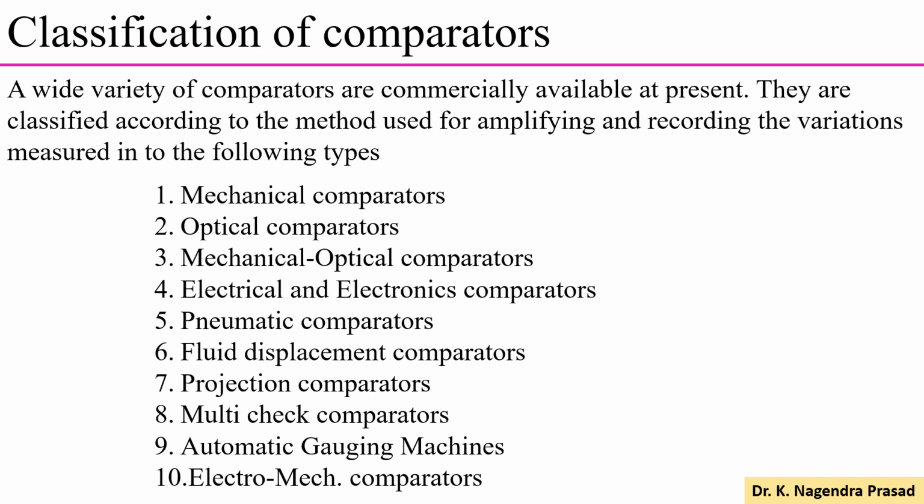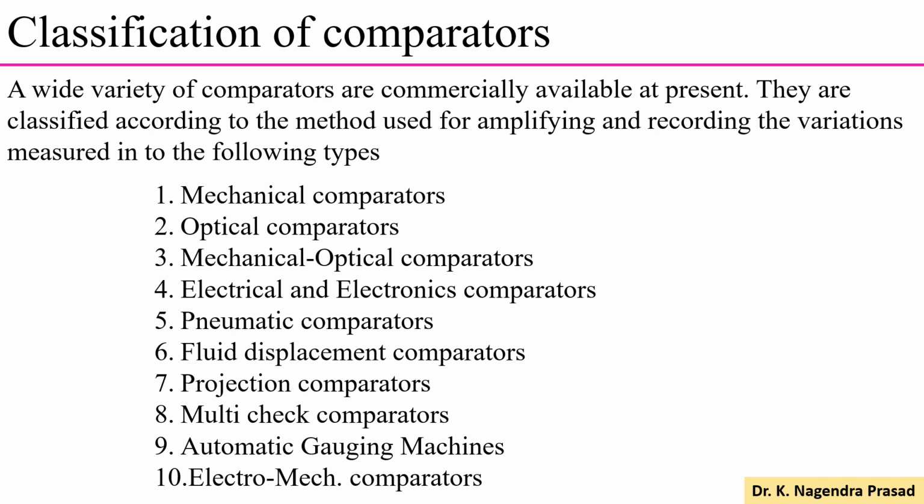Fourth one is electrical and electronic comparators. Fifth one is pneumatic comparators. Sixth one is fluid displacement comparators. Seventh one is projection comparators. Eighth one is multi-check comparators. Ninth one is automatic gauging machines. And last one is electromechanical comparators. Now we will discuss the types of comparators one by one.